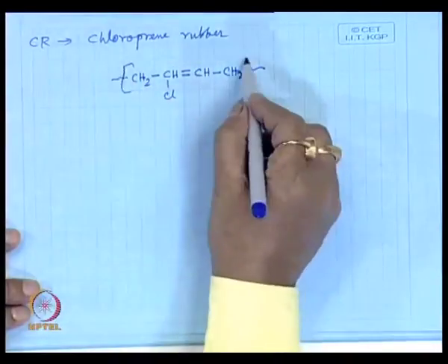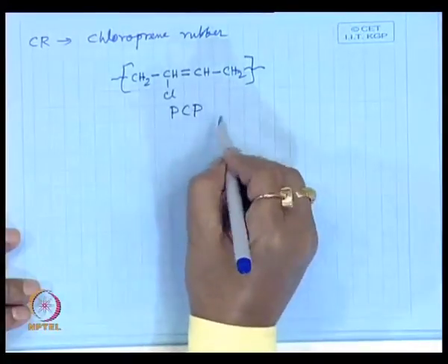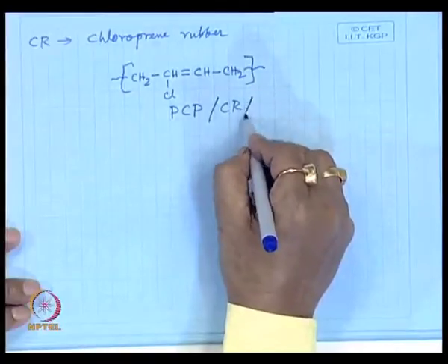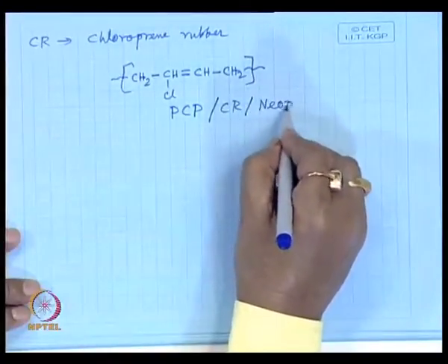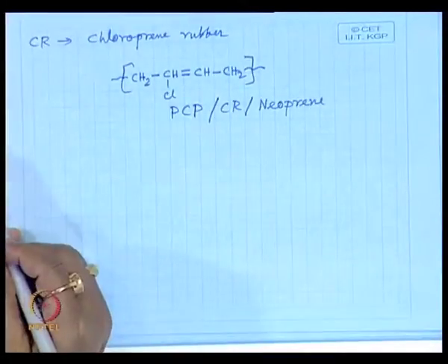This is polychloroprene, PCP or CR, or neoprene. The trade name is neoprene, neoprene rubber.